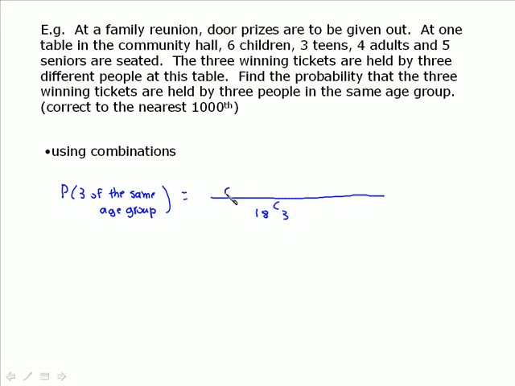To get the children worked out, it would be 6 choose 3. So this would represent children. How many ways can you select 3 children out of a group of 6? To get the teens would be 3 choose 3.